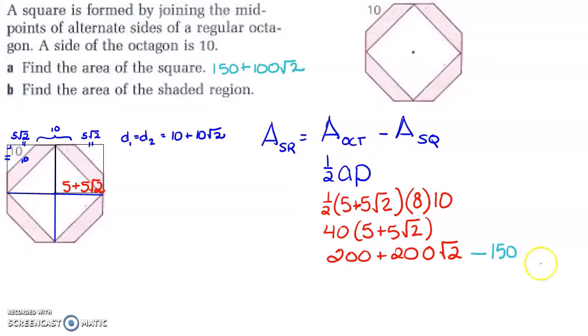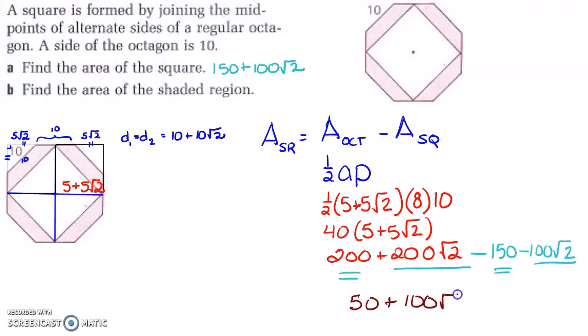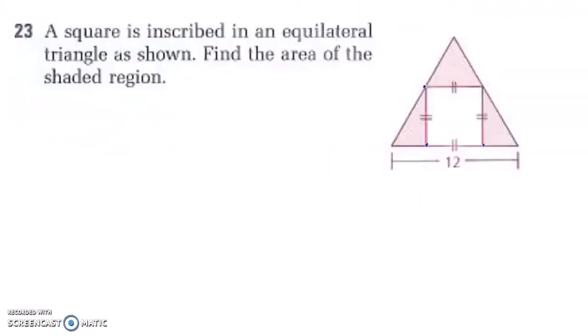Don't forget to distribute the negative. Then the root 2's combine, the whole numbers combine, and we should get 50 plus 100 square root 2.